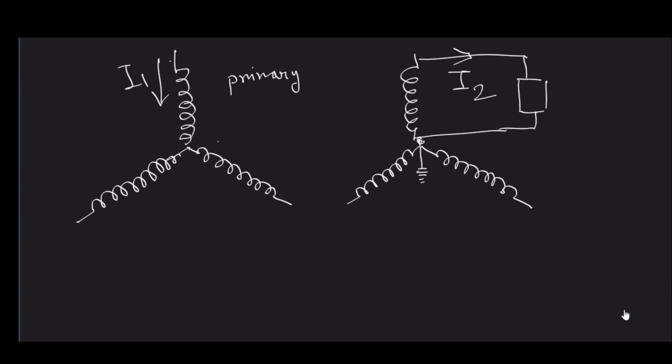What I was talking about is that this I1, due to the ungrounded neutral on the primary side, will not find any path. So it will try to find a path through these two windings. But for these two windings, the corresponding secondary is unloaded.